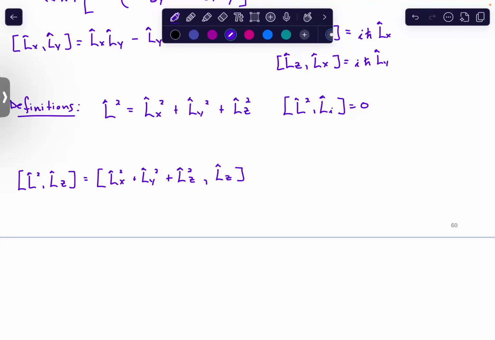We can expand this into three different commutations. And supposedly this whole thing equals 0.